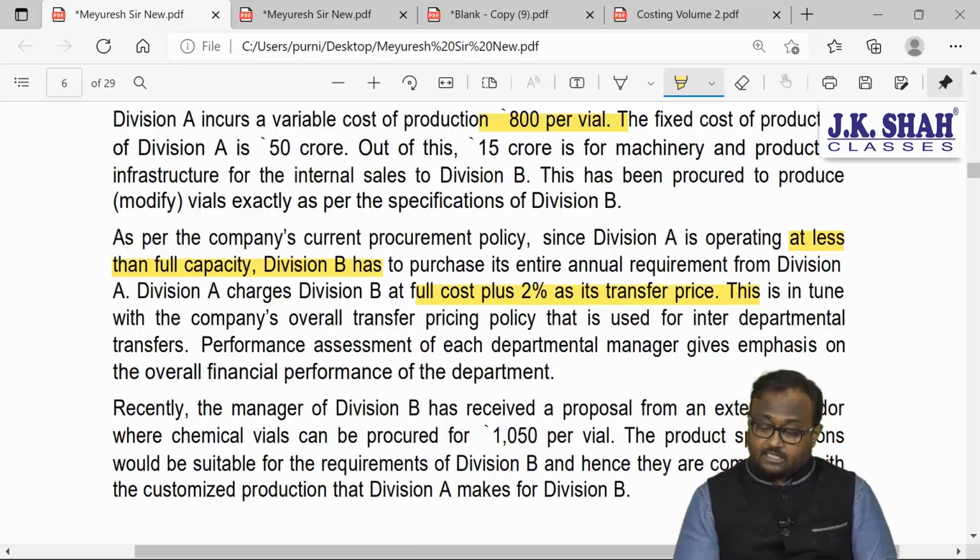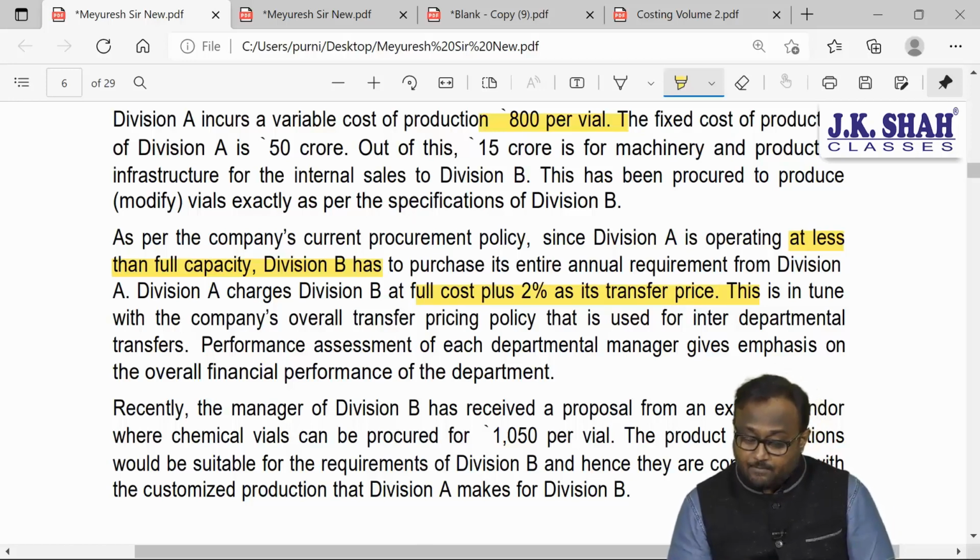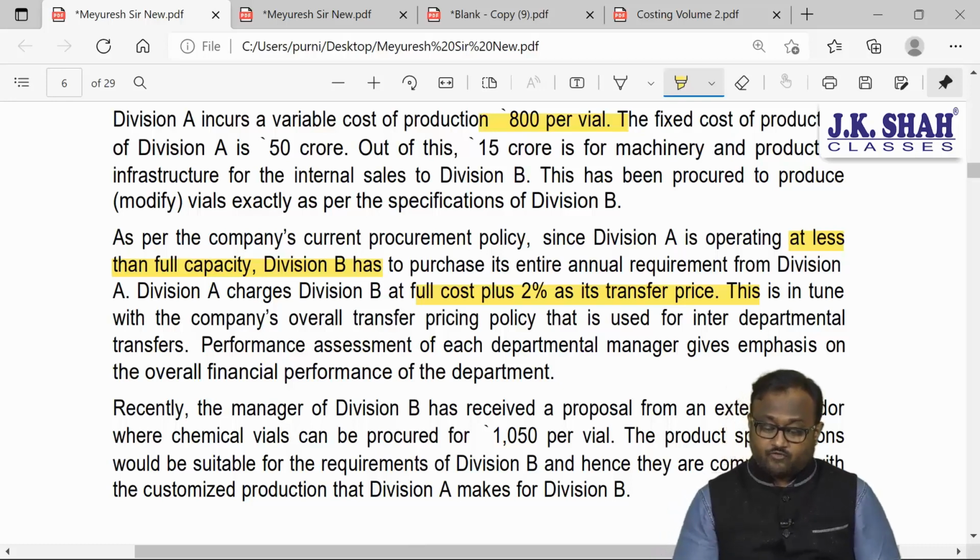This is in tune with the company's overall transfer pricing policy that is used for interdepartmental transfers. Performance assessment of each departmental manager gives emphasis on the overall financial performance of the department.